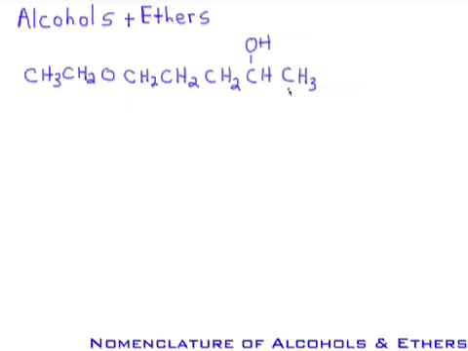And so I number this way: 1, 2, 3, 4, 5. The longest carbon chain is 5 carbons with an alcohol at 2. This is a pentan-2-ol, pentanol. So we have a pentan-2-ol. Now the question is, how do you name the substituents?